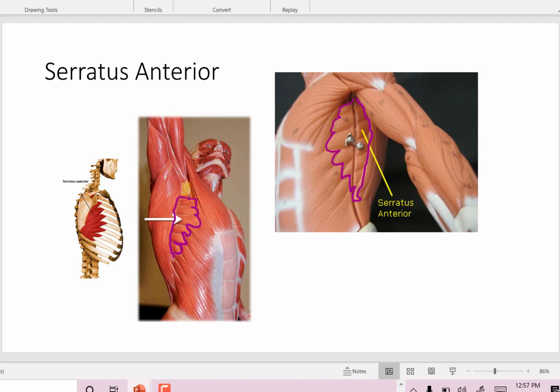That's how muscles pull. So if our origin is on the ribs and the insertion is over here on the medial border of the scapula, and we could probably see that better here.